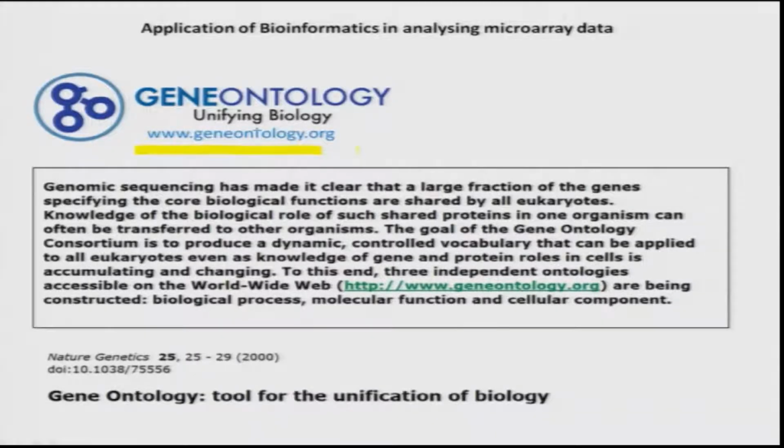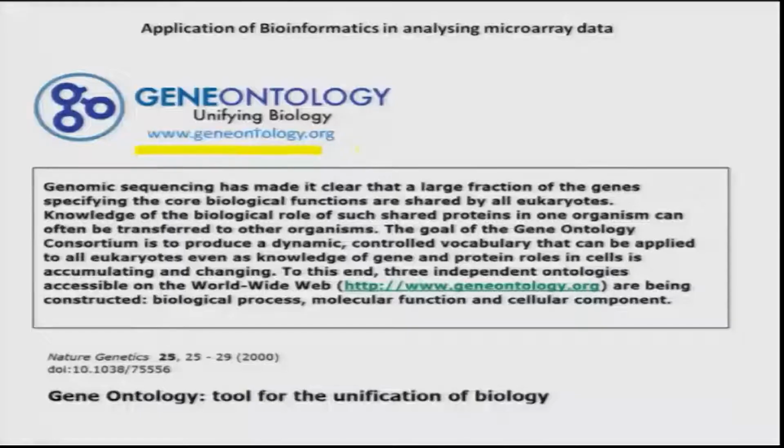Knowledge of the biological role of such shared proteins in one organism can often be transferred to other organisms, because a developmental process you can never study in human, you can study in zebrafish or fly, and that information helps us understand the genes present in humans. The goal of the Gene Ontology Consortium is to produce a dynamic resource, dynamic meaning it has to be updated every day because the research is going on.